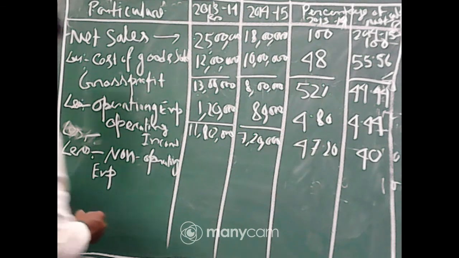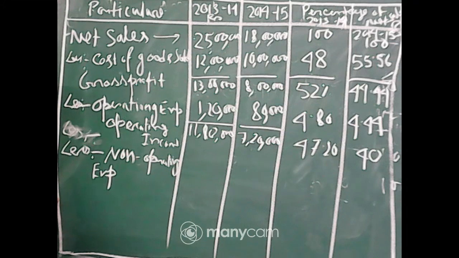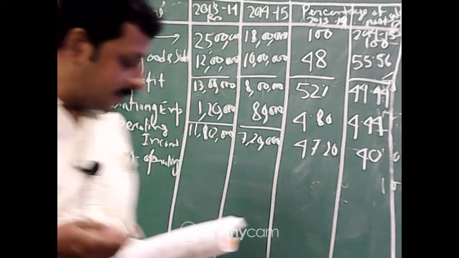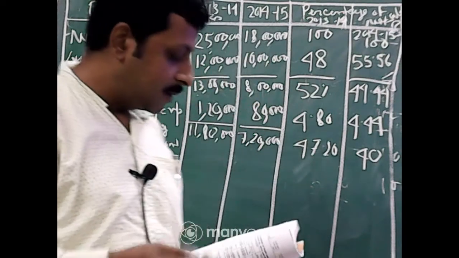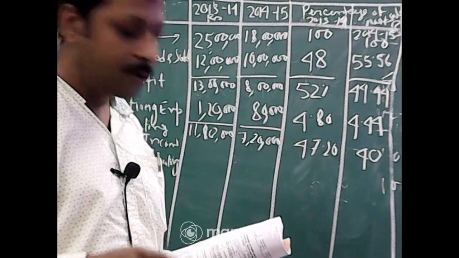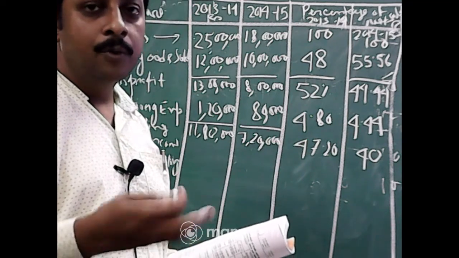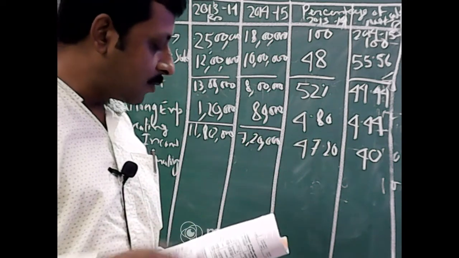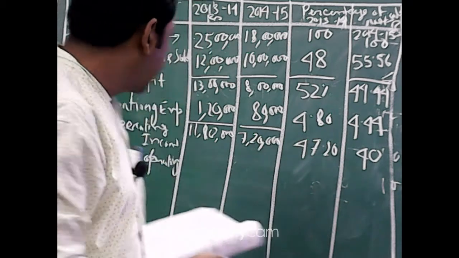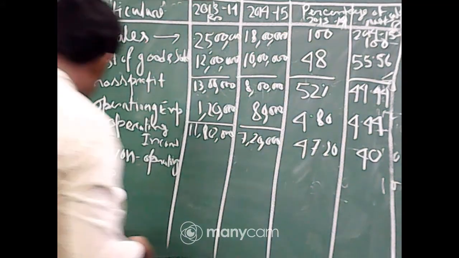Non-operating expenses is depreciation. That is also given here for complexity of the problem. Wages comes under cost of goods sold, so you do not treat it individually, because wages already comes under cost of goods sold and depreciation comes under non-operating expenses.